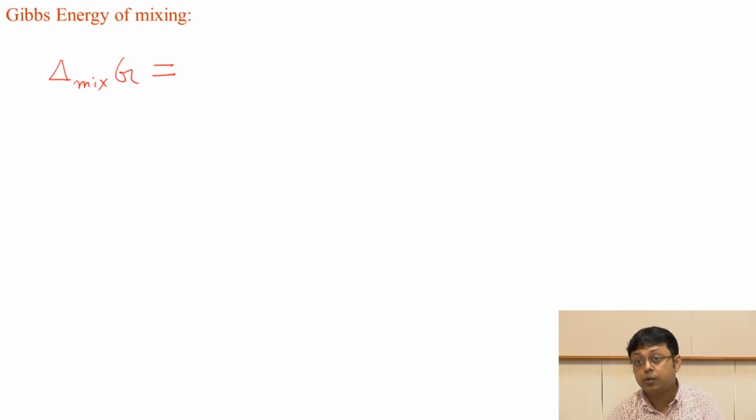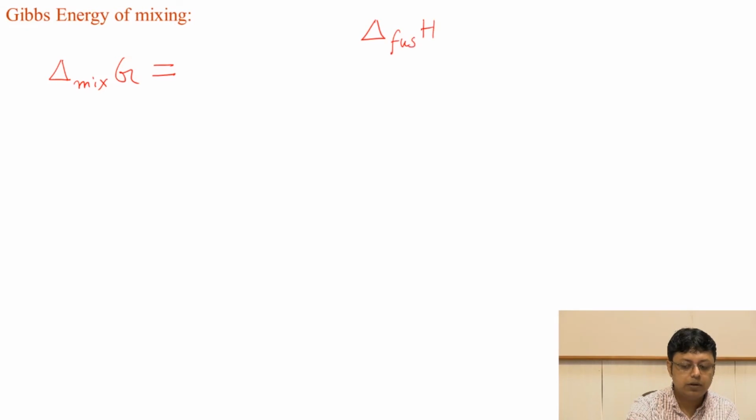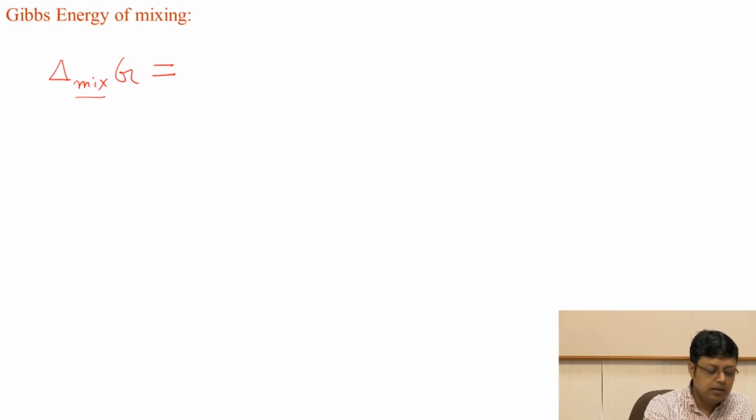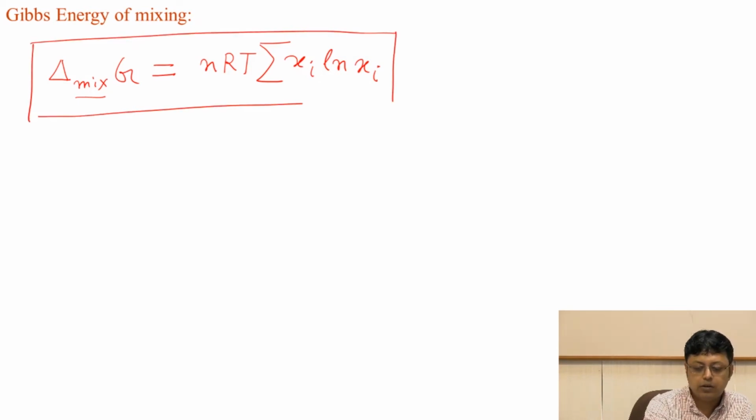Remember when we were talking about the transformation, for example for a fusion process, how the enthalpy is changing, we always wrote delta fusion of H. In a similar way, the process we will write as a subscript for the delta, and that quantity is nothing but nRT sum over Xi ln Xi, where Xi is the mole fraction of component i.